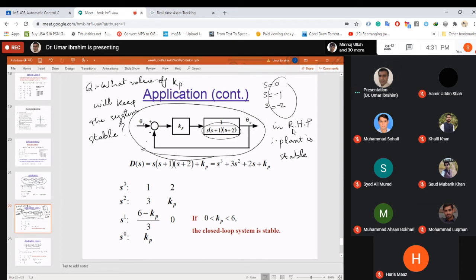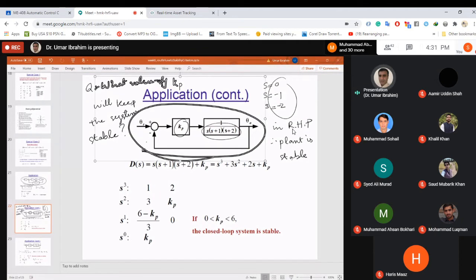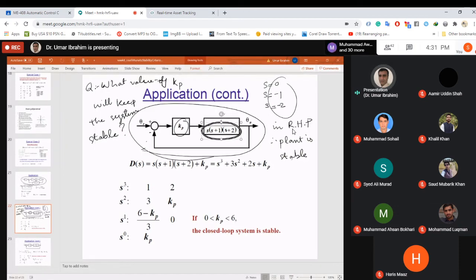This is your typical exam question. You're given a variable parameter, in this case proportional controller gain Kp, and you're asked the question that for what value of Kp the whole system, सिर्फ उसकी बात नहीं कर रहे, we are not talking about the transfer function, we are talking about the whole system.